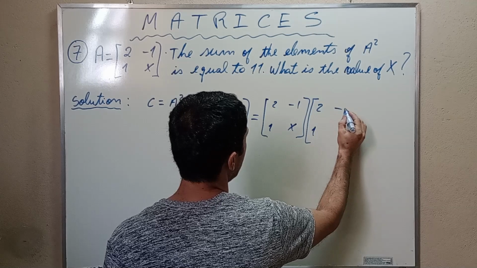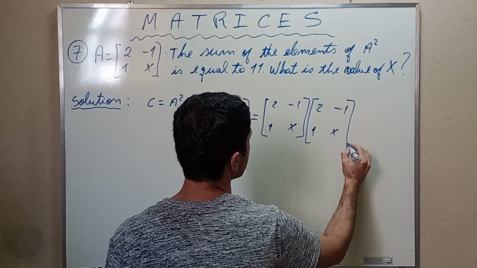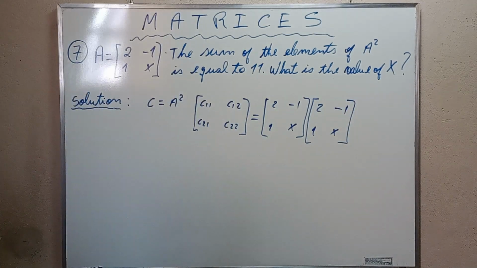Okay? We are going to multiply A by itself, and the result is matrix C. Alright, let's work on each element of C one at a time.